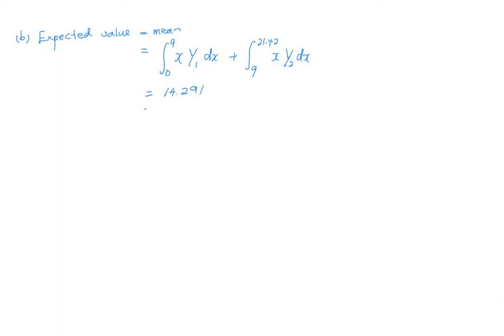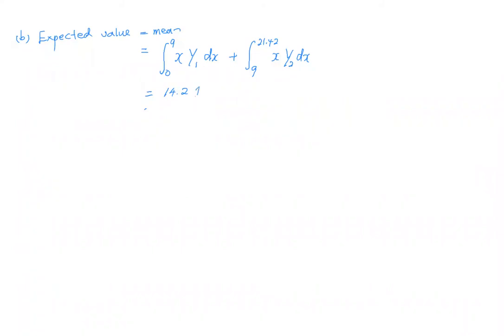I typed in 21.45. It should be 21.42. Okay, never mind. So yes, 14.21. Yes, you are right. So you have to be very careful with your keying in, okay? Very, very careful. Check. Okay, good.